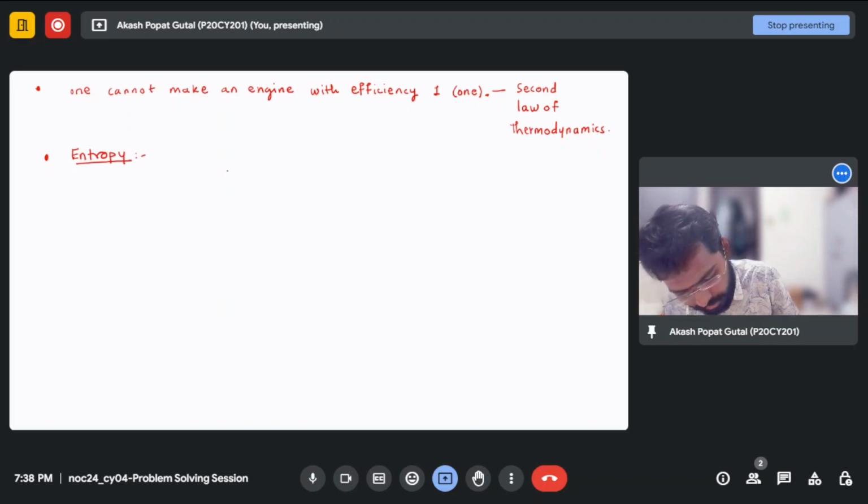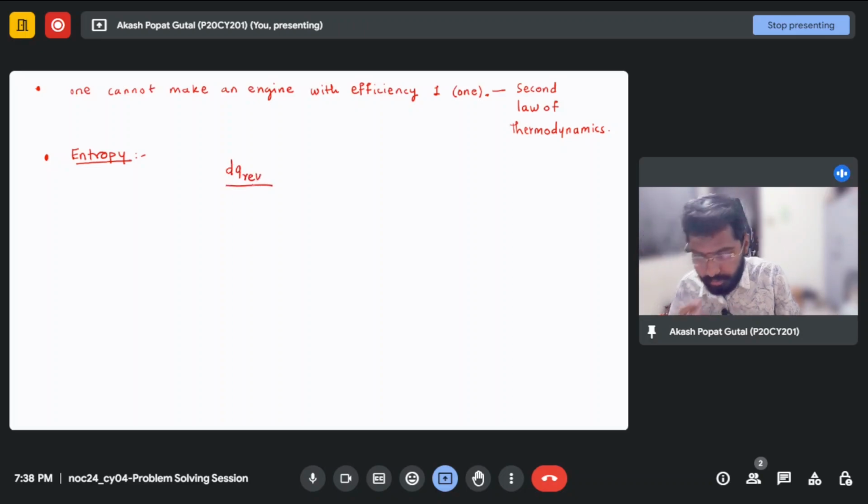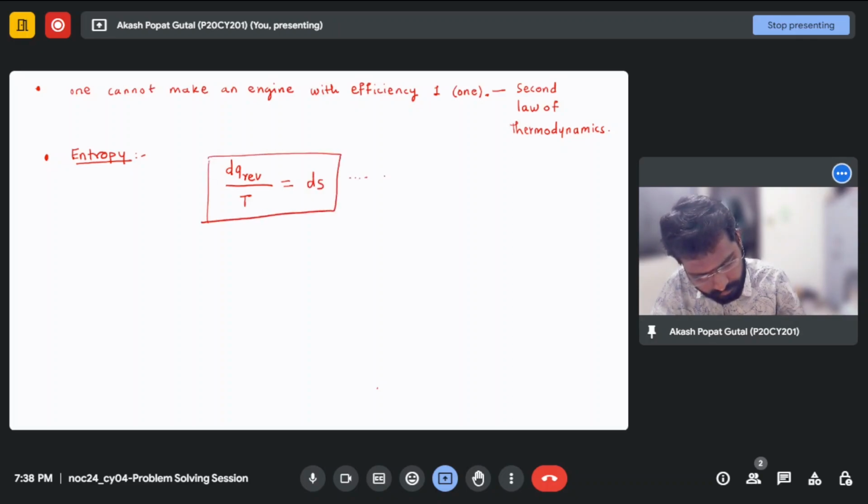So dq reversible, the heat absorbed by the system in a reversible process at constant temperature, divided by the temperature, is called entropy. This is the definition of entropy.